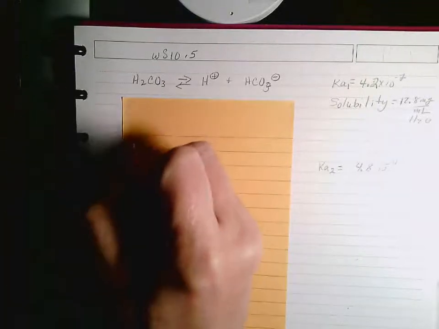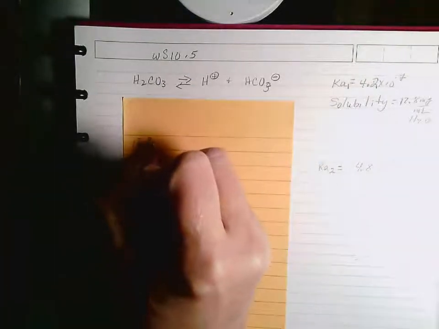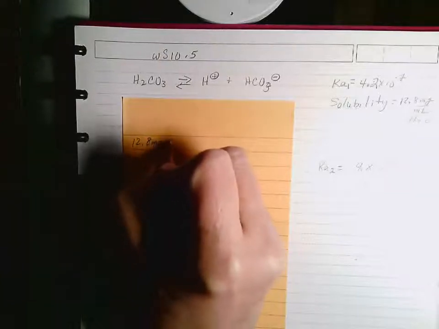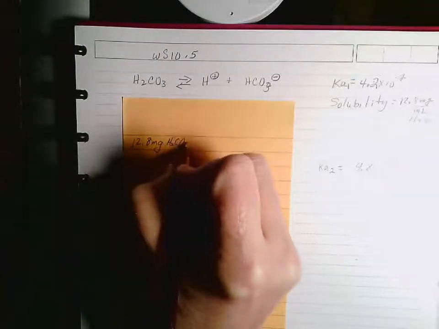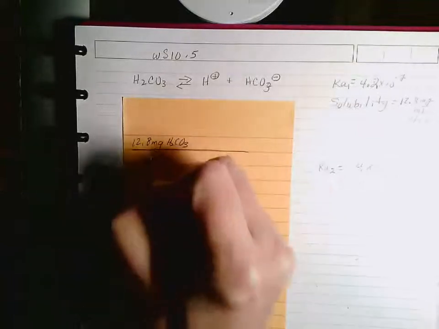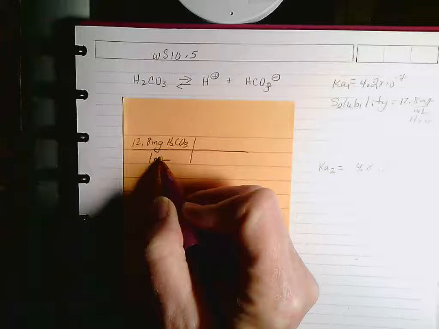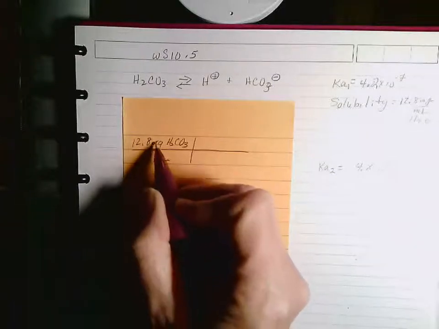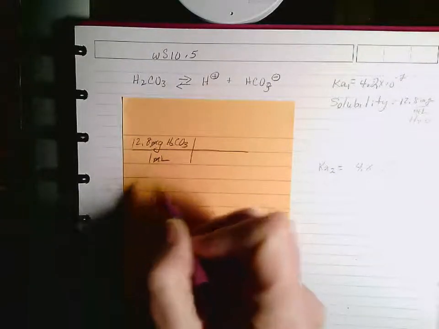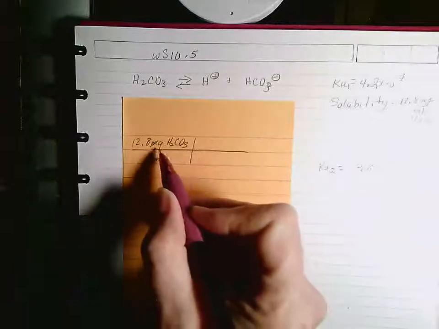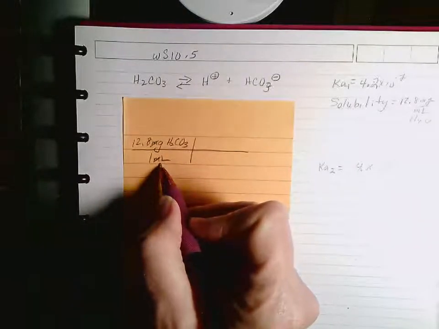So it's saying that 12.4 milligrams of carbonic acid dissolve in 1 milliliter of water. And I'm just going to cancel out the milligrams because I would multiply by 1,000 and divide by 1,000, so that will cancel out. So it would be that many grams and that many liters.